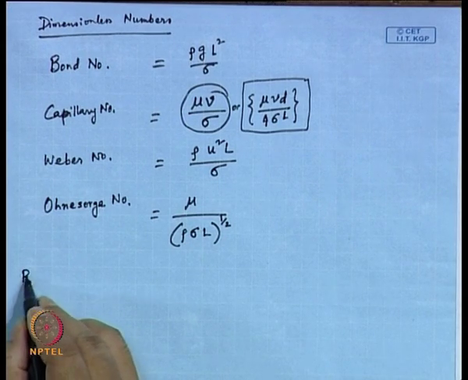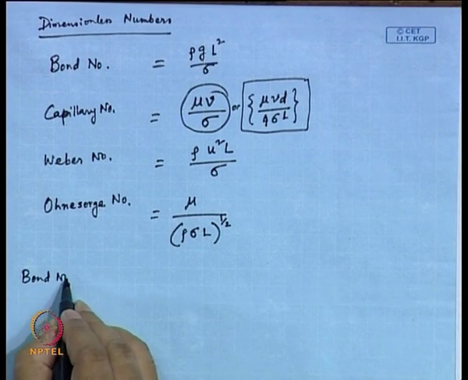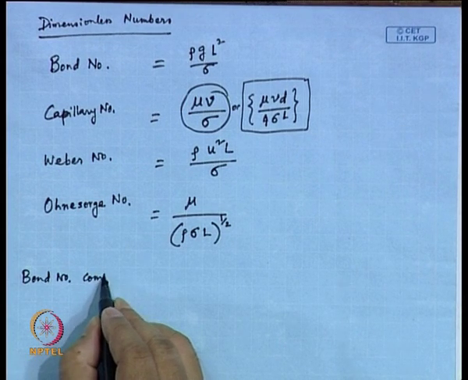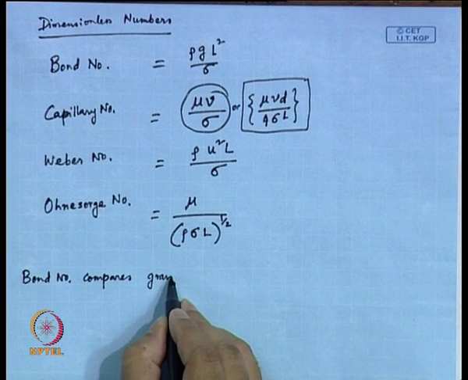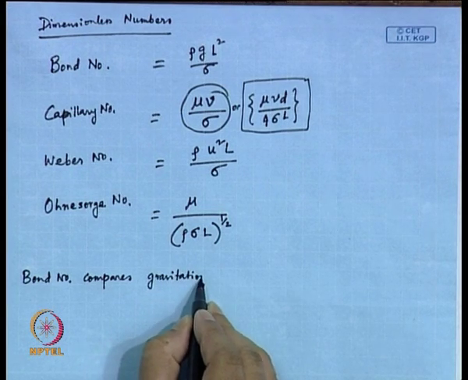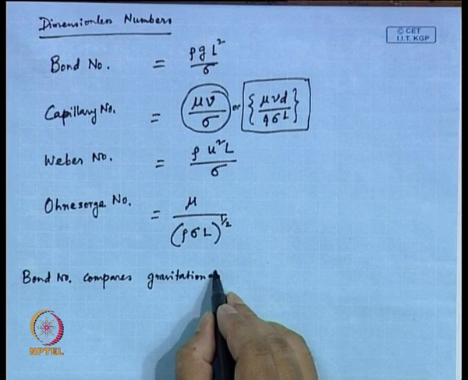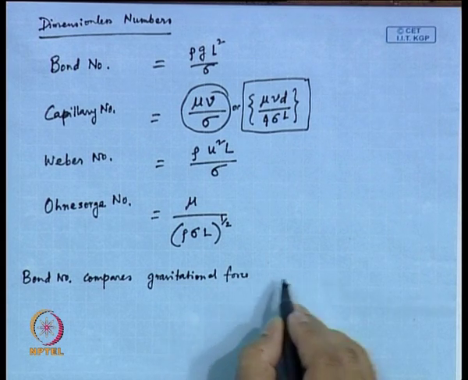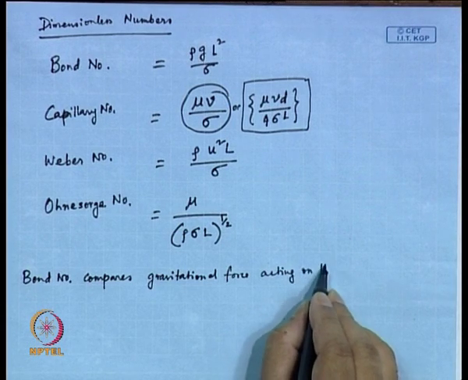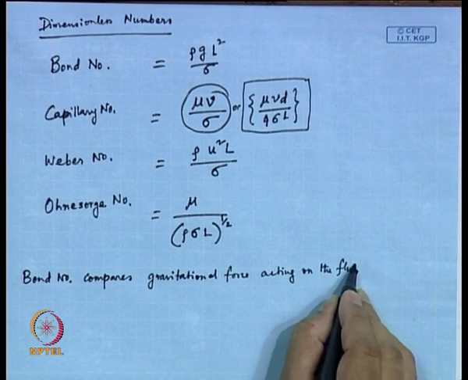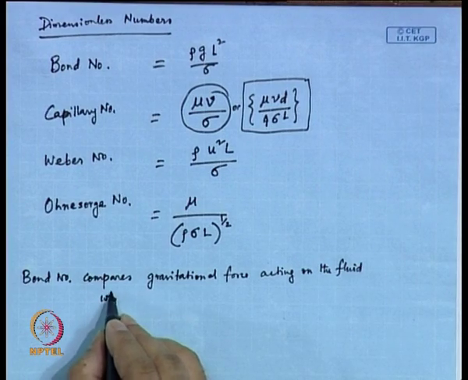Bond number basically compares gravitational force acting on the fluid with, compare something with something, right.